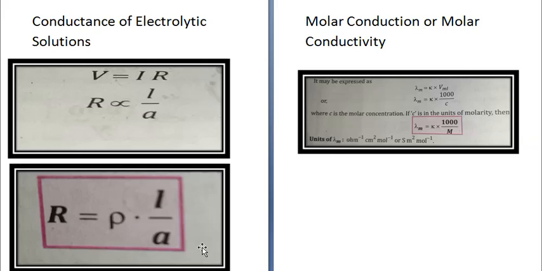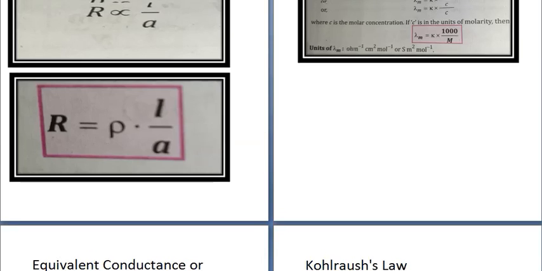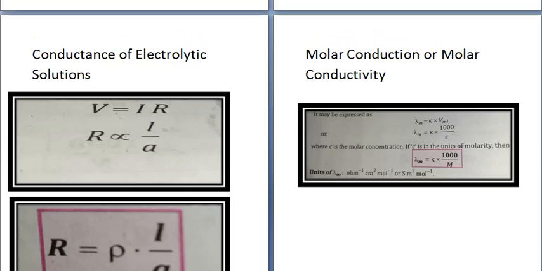It is represented by the symbol kappa, K. That slide is missing, but I'll explain that it is given by K equal to 1 upon rho, or K is equal to 1 upon R into l upon A. Why?